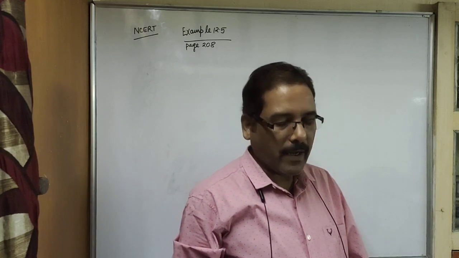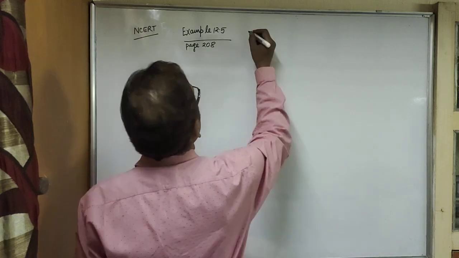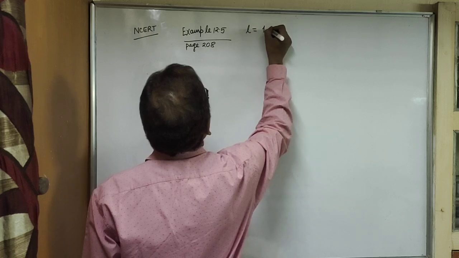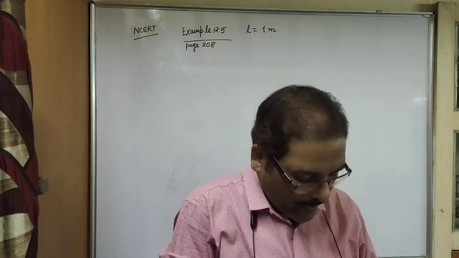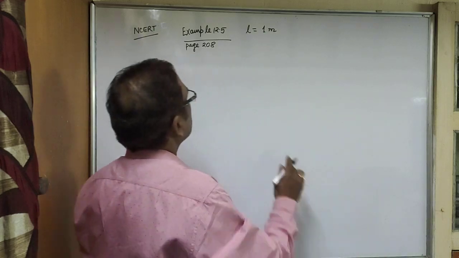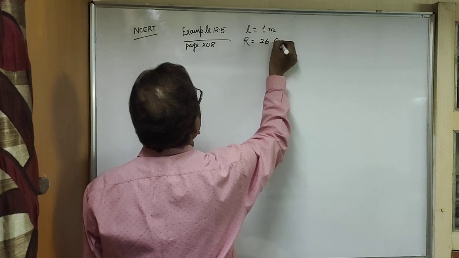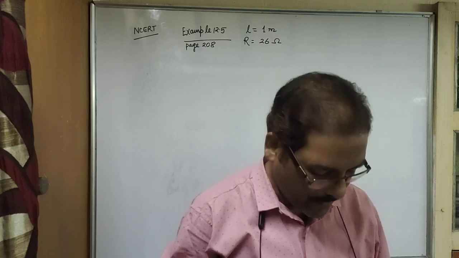Resistance of a metal wire of length 1 meter. So length of wire is given. So write L is equal to 1 meter. Is 26 ohm. So resistance is 26 ohm at 20 degrees Celsius.